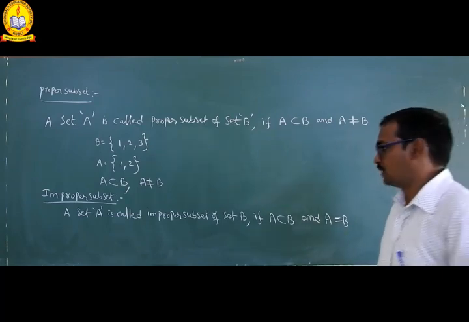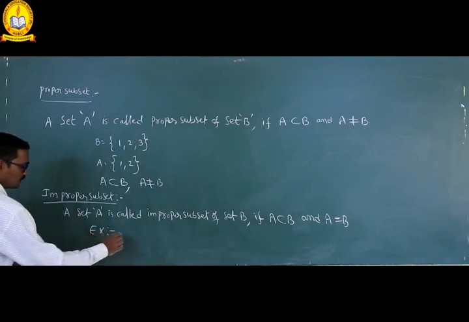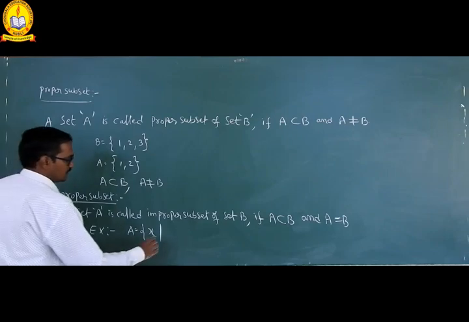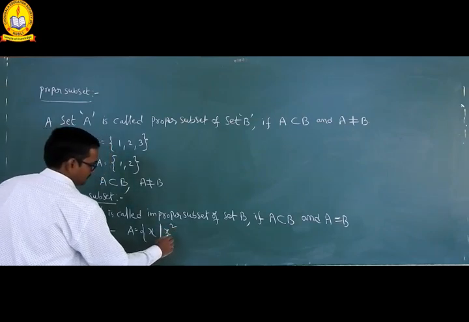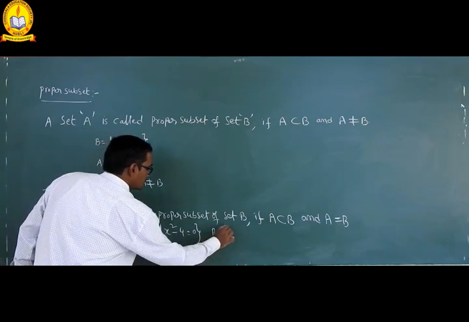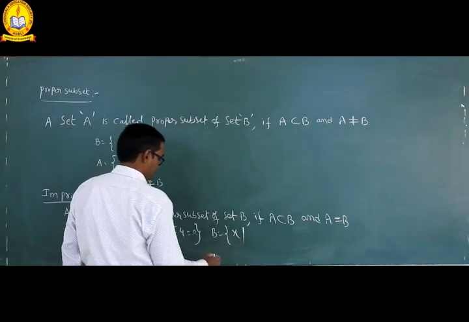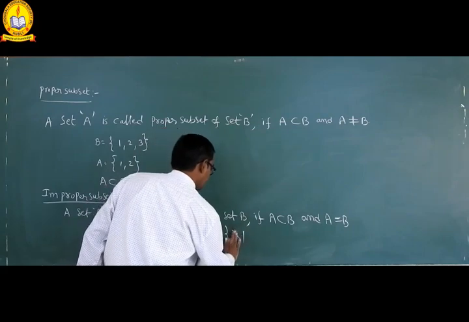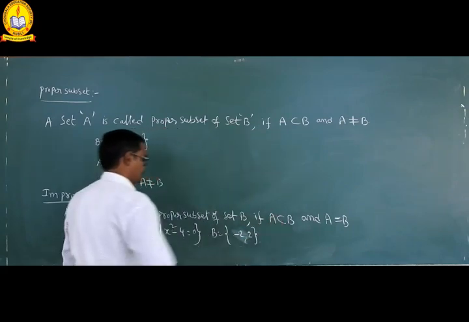And I give one example. Set A is equal to {x such that x squared minus 4 is equal to 0}. Set B is equal to {minus 2, plus 2}.